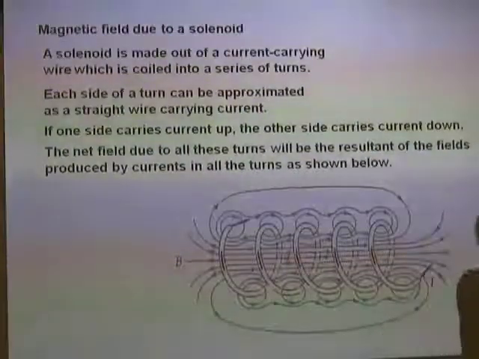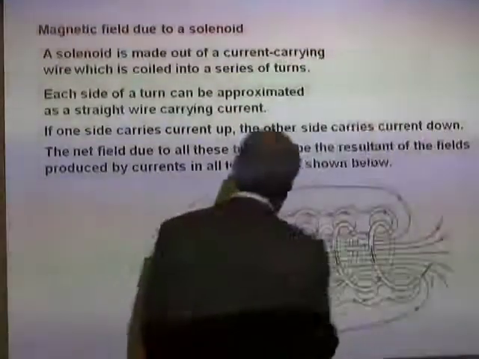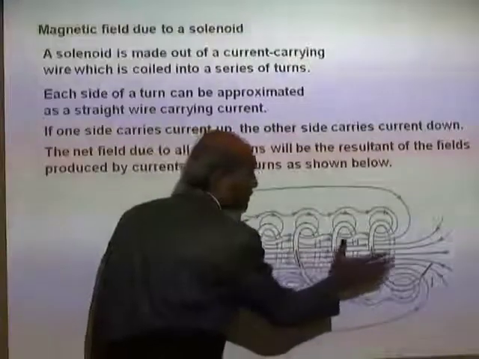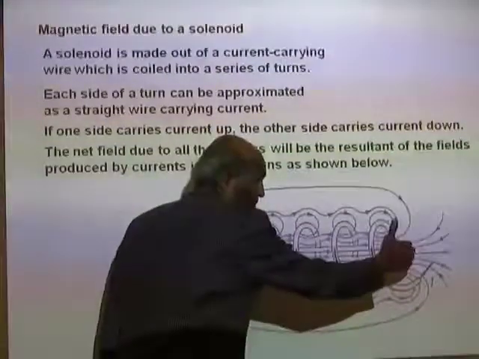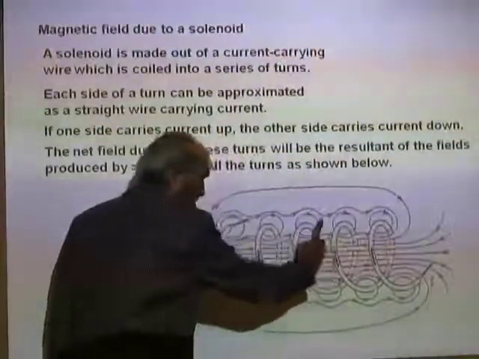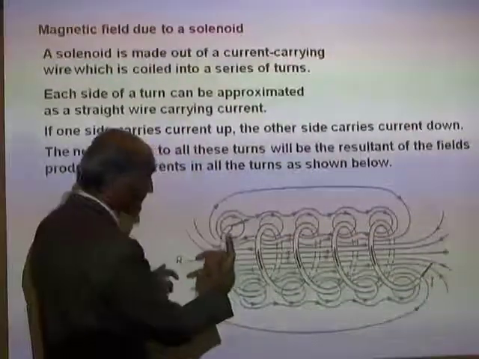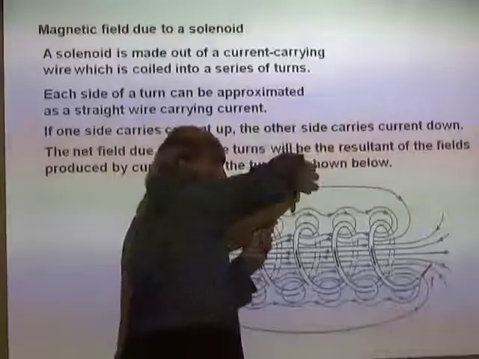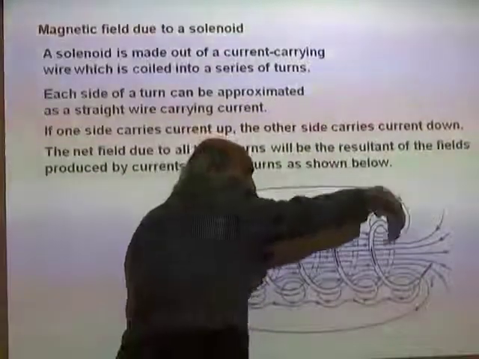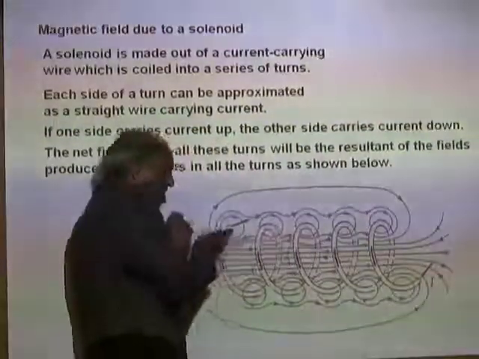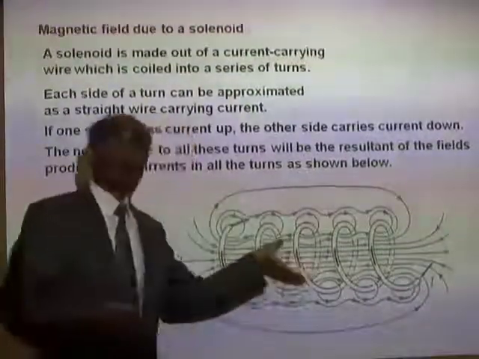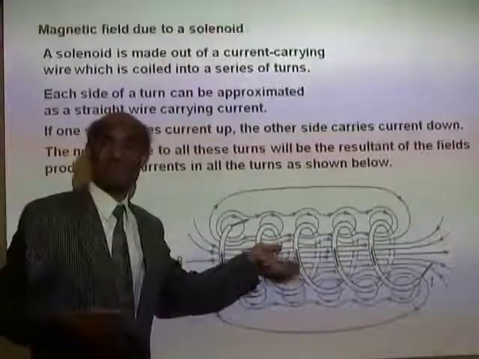You remember I told you if the current goes up here, then the field will go, look at the way again, the field will go inside on the right and outside on the left. In the same way on the other side, again the field will go inside on the right and outside on the left. The result is you have a bar magnet here, is that right?